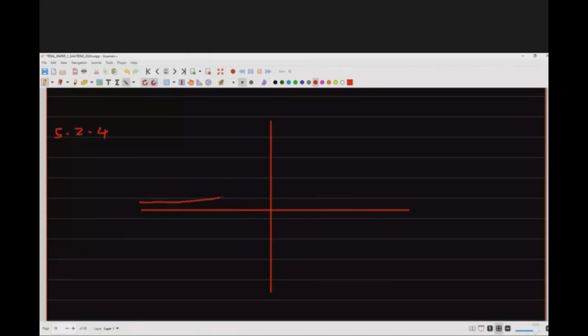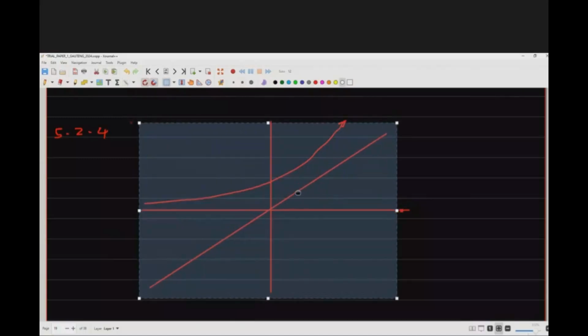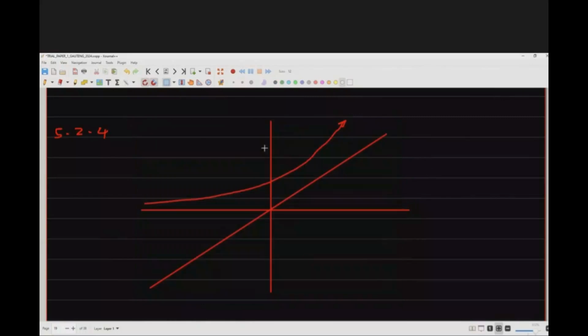Right, so for 5.2.4, h of x looks like that, and a reflection about y equals x, this line here, a rotation through that, is going to produce a graph that looks like that. This is our h inverse.